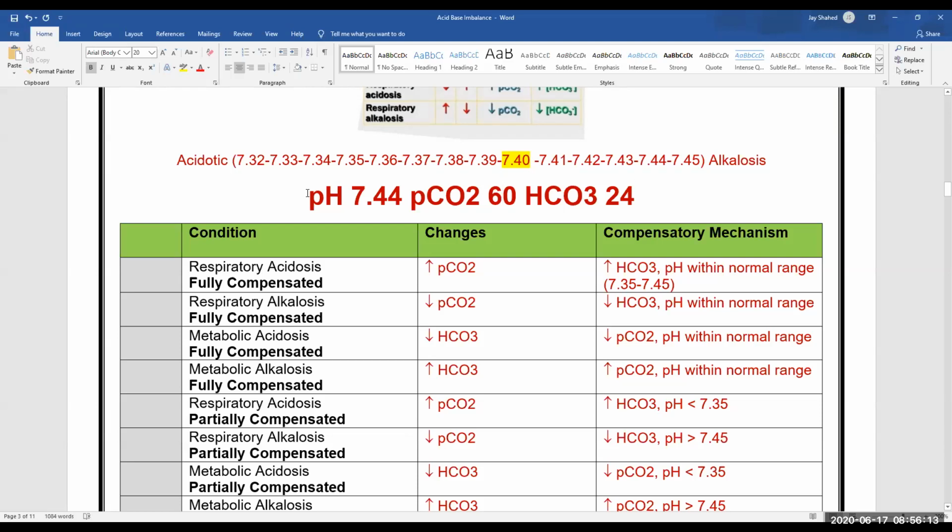Okay? So we said respiratory alkalosis? This will be actually compensation of the respiratory to the metabolic, because this one is normal, right? It became normal.